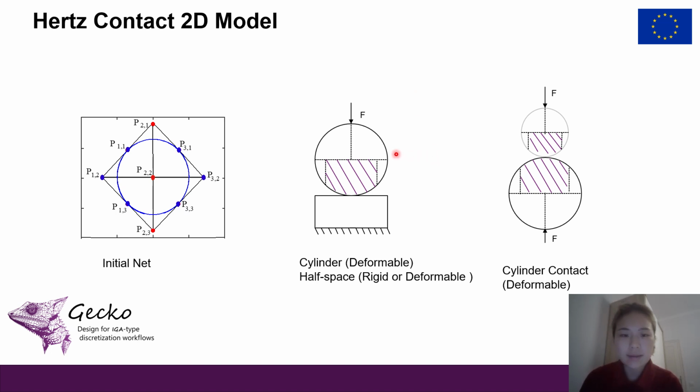Therefore, we can safely use the simplified 2D cylinder contact model to study the local contact behavior with good accuracy. So in the following investigation, we just use the model in the shadow area and also here.